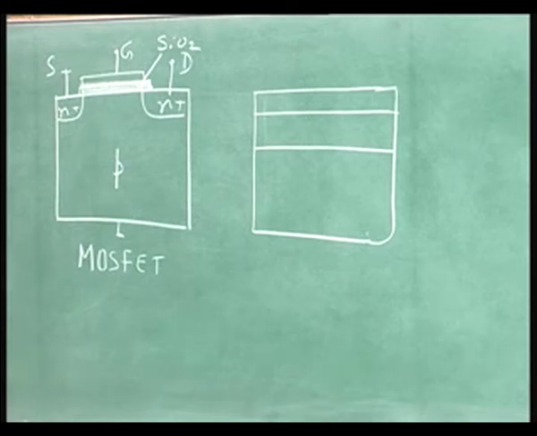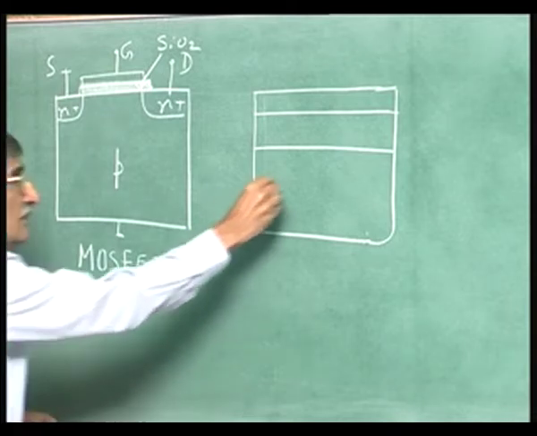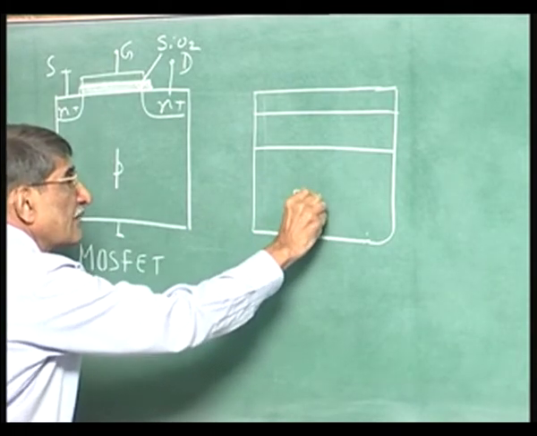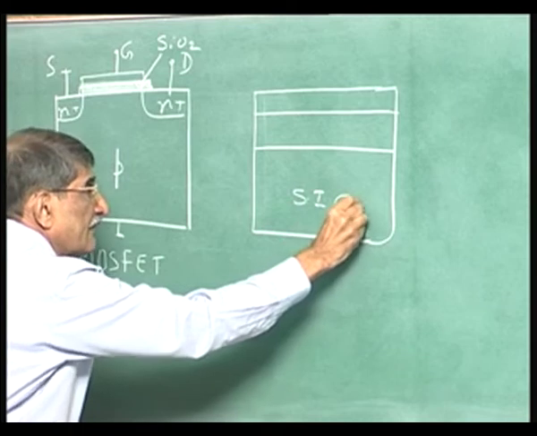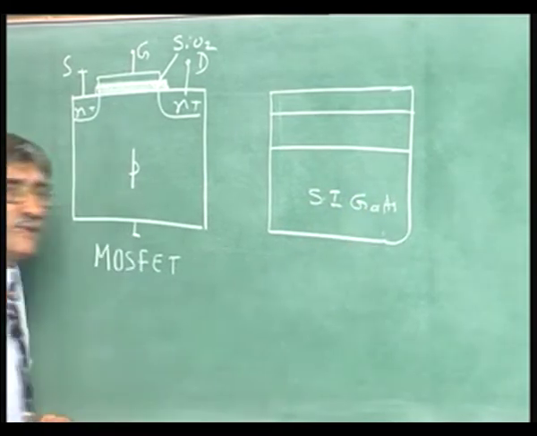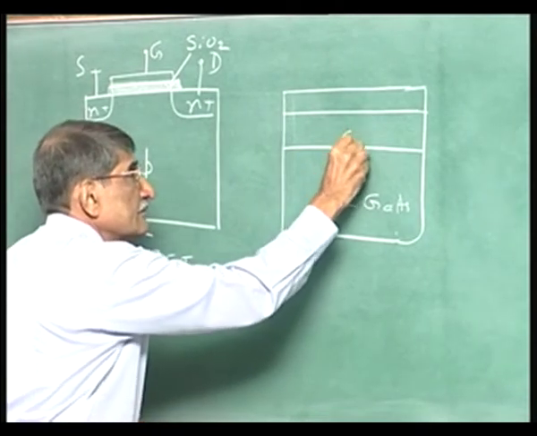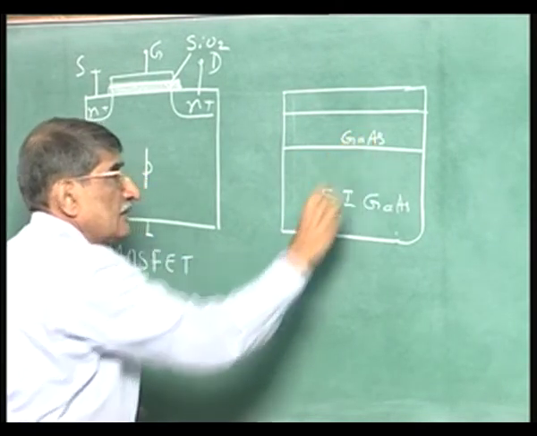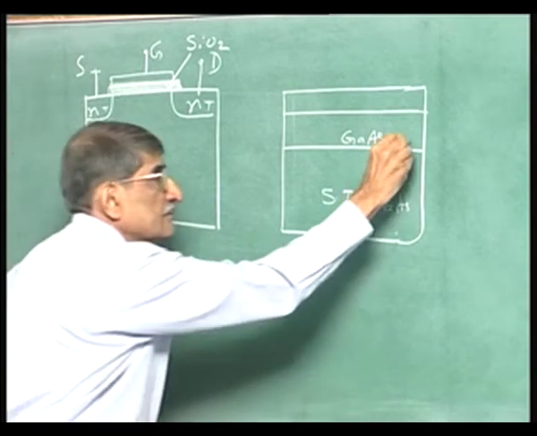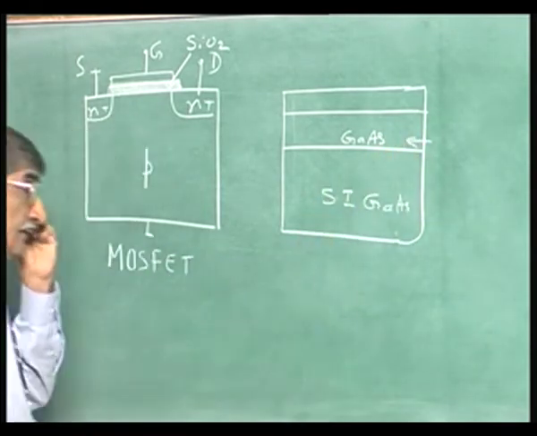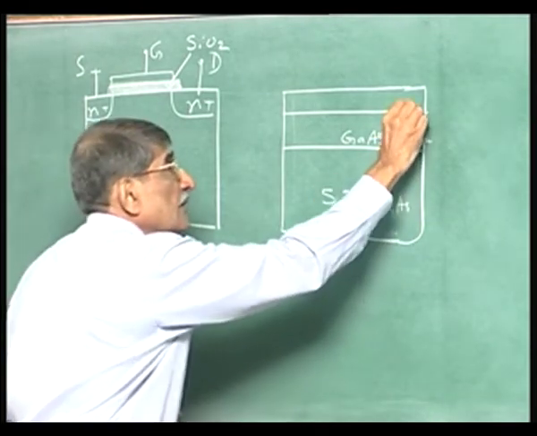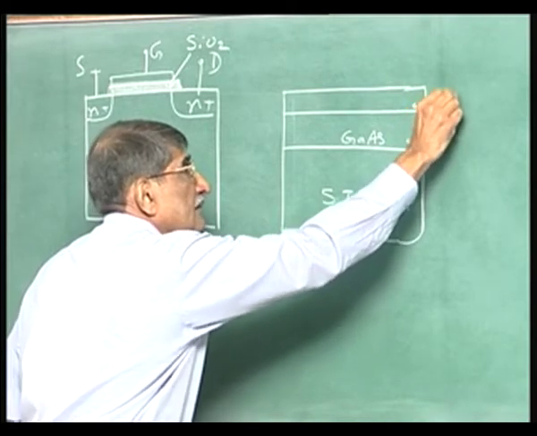In the case of HEMT, what do you have? You have a semi-insulating gallium arsenide. I am referring to gallium arsenide because this is the device that we are talking about right now. Then undoped gallium arsenide, undoped. Okay. And on the top of that you have got this AlGaAs.